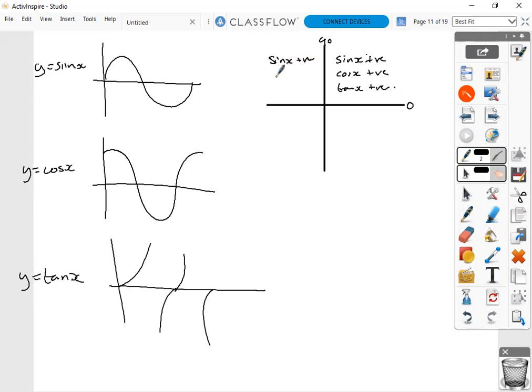Sin x between 90 and 180 is positive. Cos x is negative. Tan x is negative. Only between 180 and 270 is tan x positive.